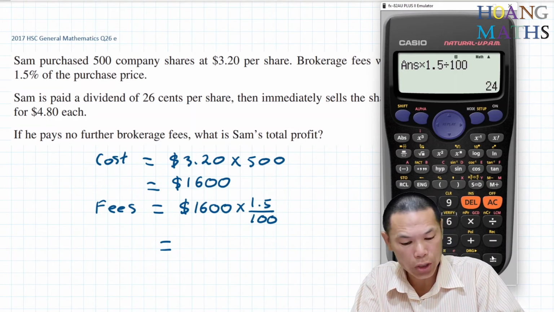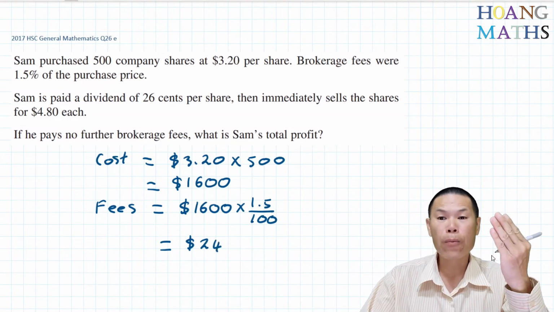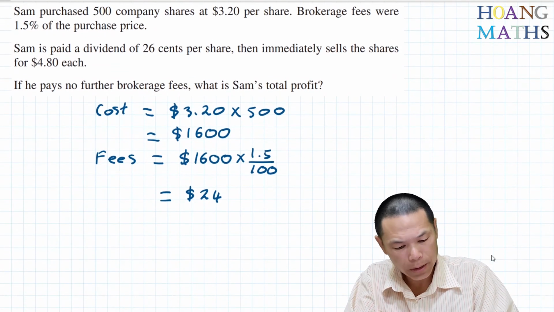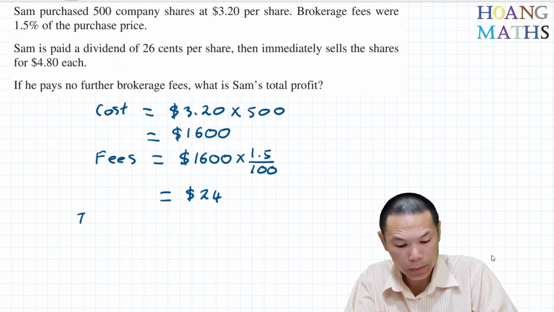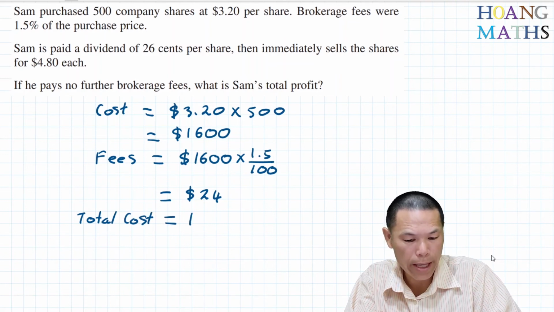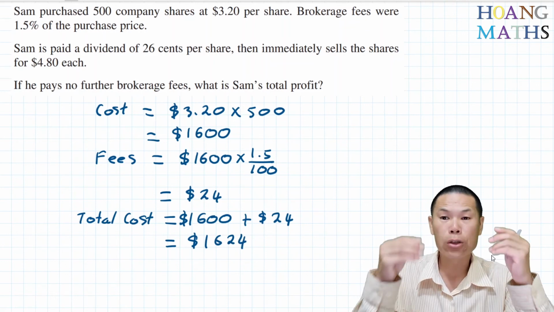So $24. So there you go. So the total cost for buying shares, so just write total cost, is equal to $1,600 plus the fees, so that is $24. So that will give me 1,624. That is the total cost.